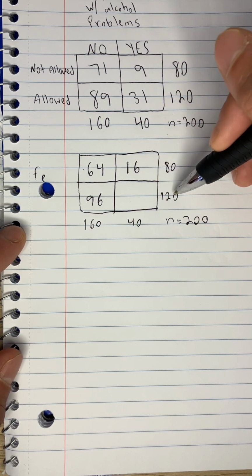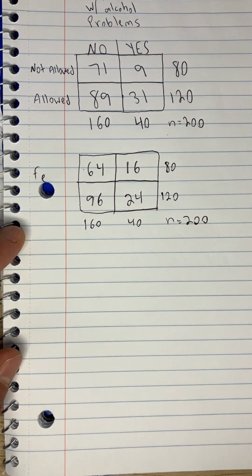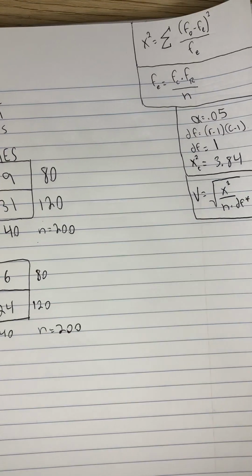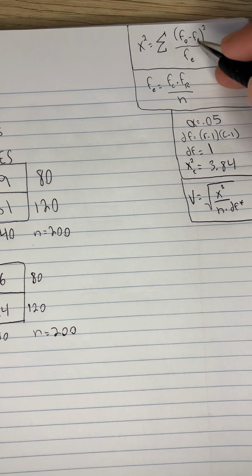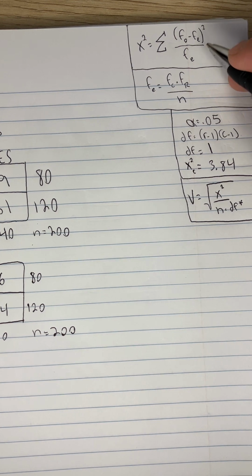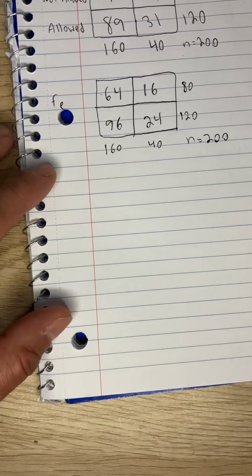And 40 times 120 over 200 is 24. So once we have these values, we can start plugging them into our main formula. We're taking the difference between the observed frequency and the expected frequency, squaring that and setting it over the expected frequency, then summing up all those values.